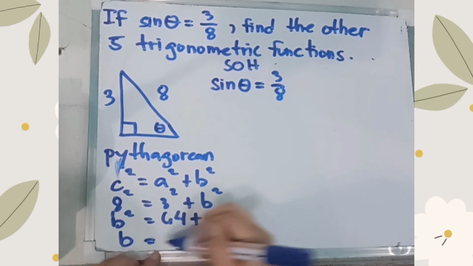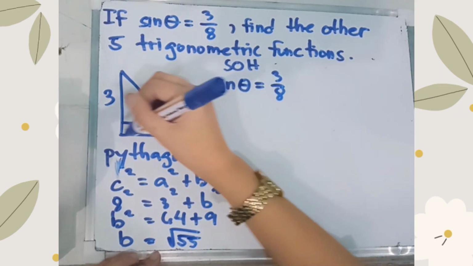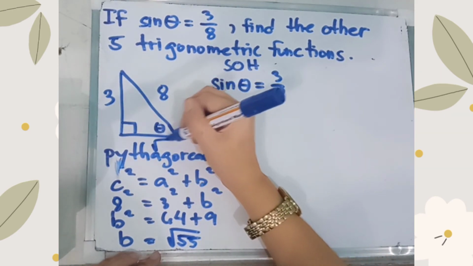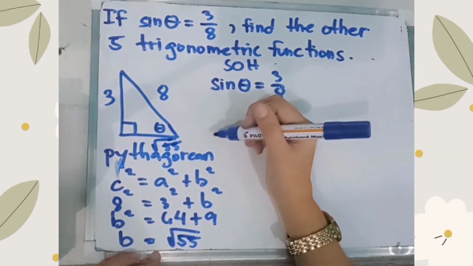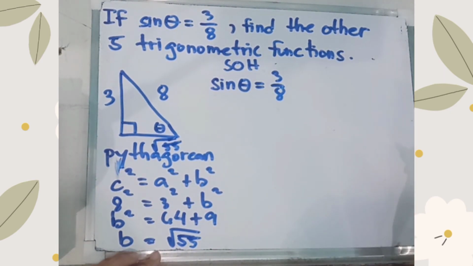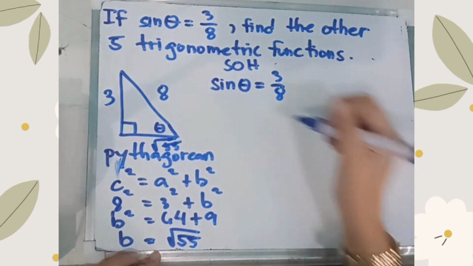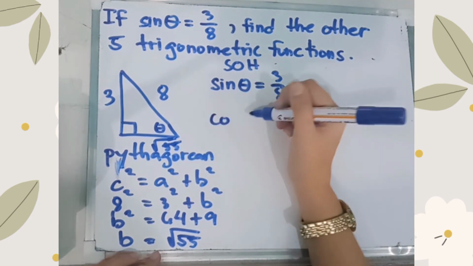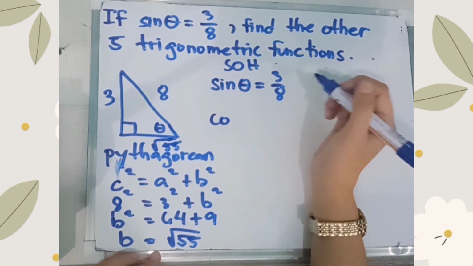Therefore, b is the square root of 55. The measure of that side is the square root of 55. Since we already know the third side, we can now proceed in getting the other trigonometric ratios.